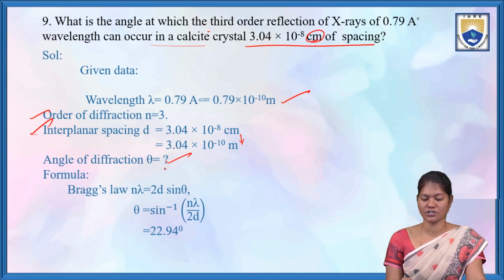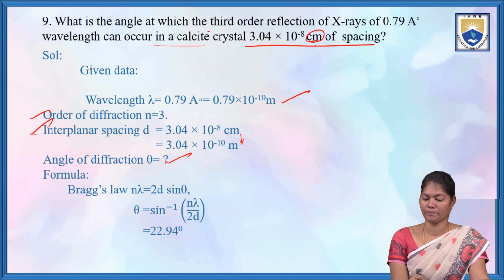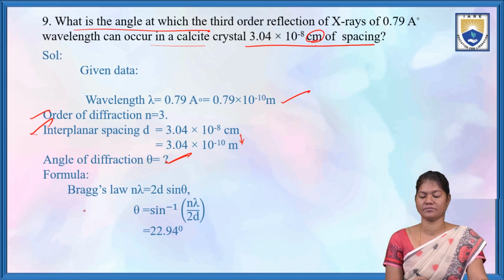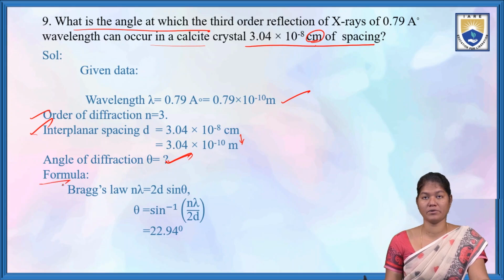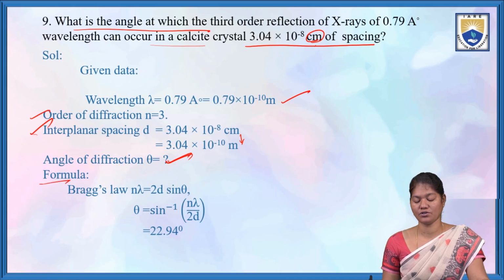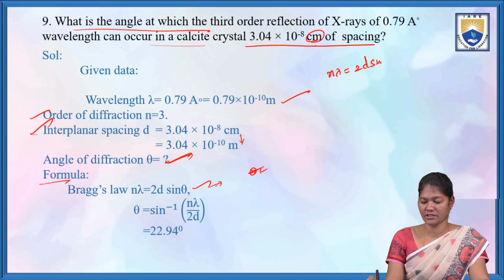So we need to calculate the angle of diffraction. The formula is Bragg's law: n lambda is equal to 2d sin theta.